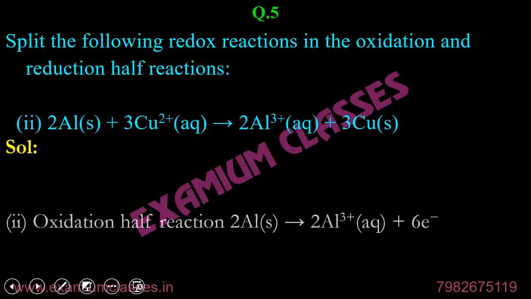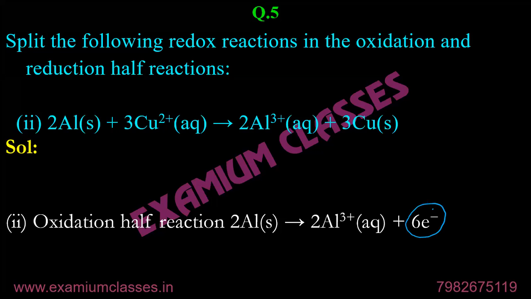Good. So in this case, what I am saying basically is, you have to balance the charges by adding an appropriate number of electrons on a side to have the same charge on left hand side and right hand side.